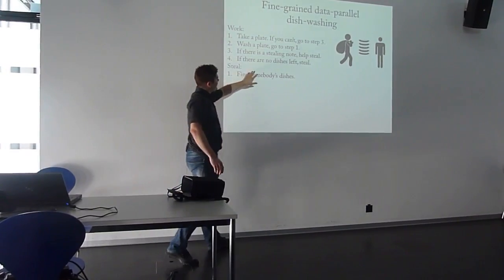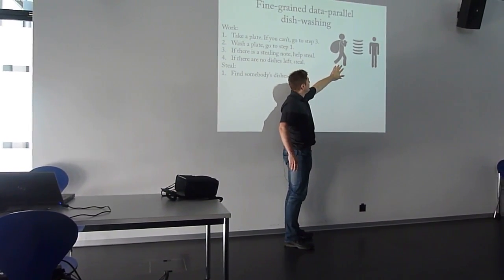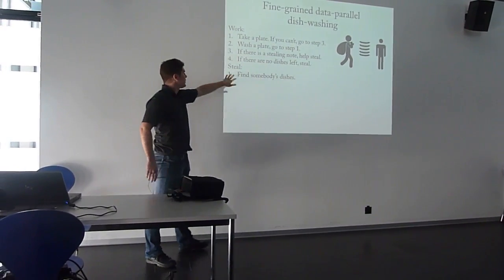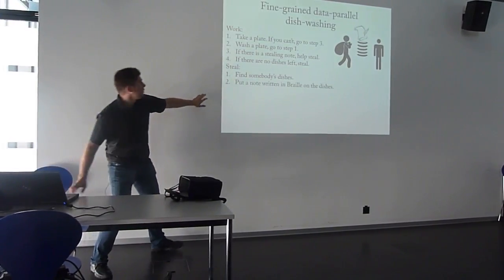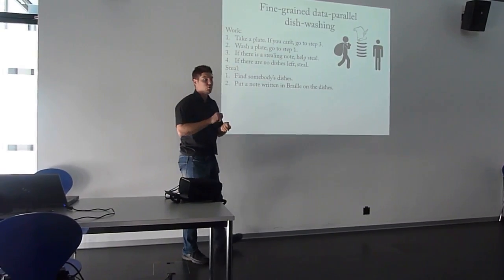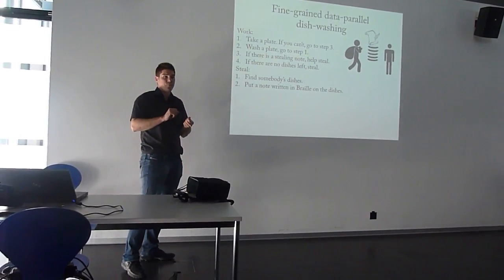But if there's another worker who doesn't have dishes, then he has to find somebody else's dishes and steal them. And here's how he does it. He first finds somebody else's dishes, then he writes down a note in braille on the dishes. And on this note, he writes, I want to steal half of your dishes.